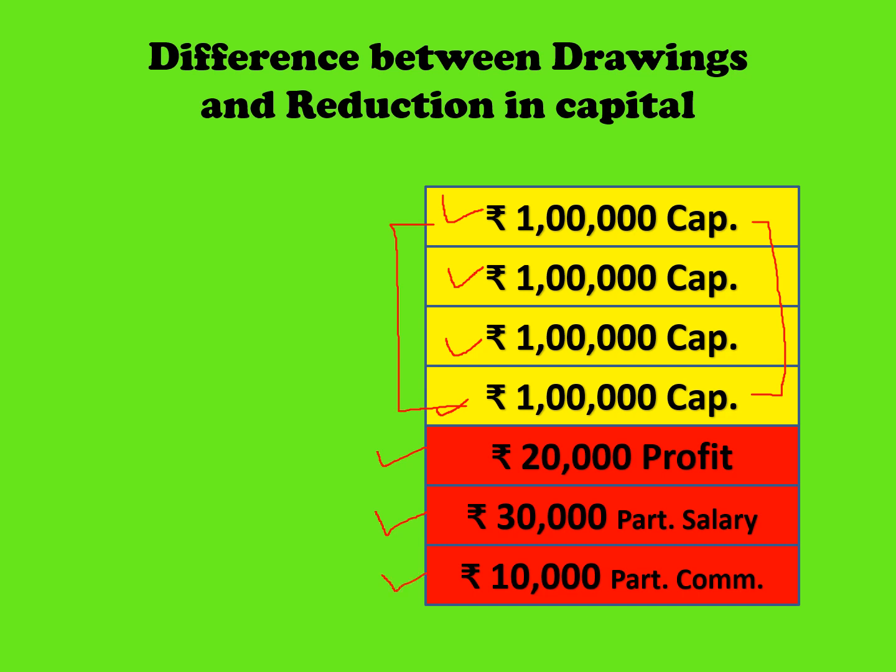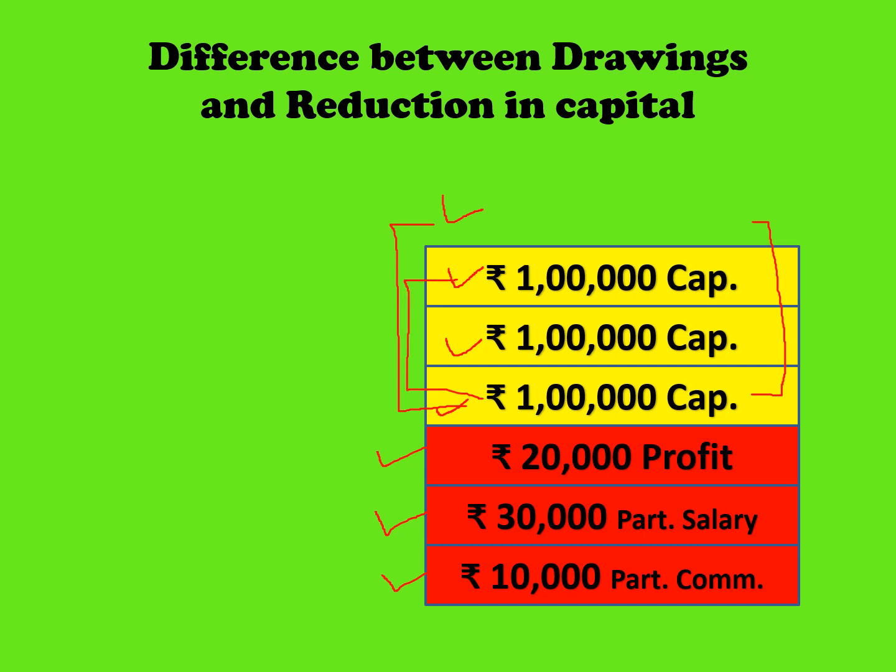So the red portion is the other benefit which he is getting from the firm, and the yellow part shows his contribution in the firm. Now suppose out of this yellow part he withdrew 1 lakh rupees, so how much amount is left? That is 3 lakh.